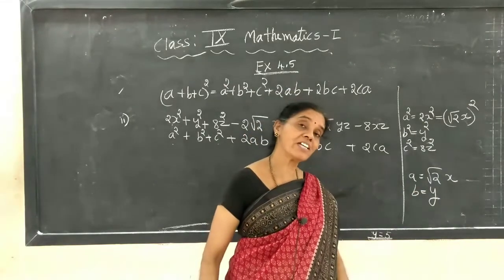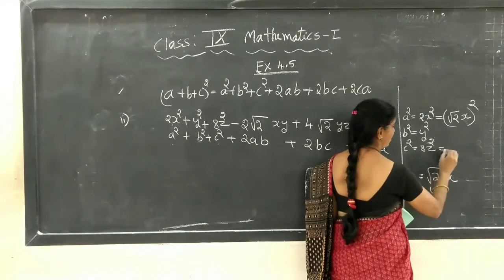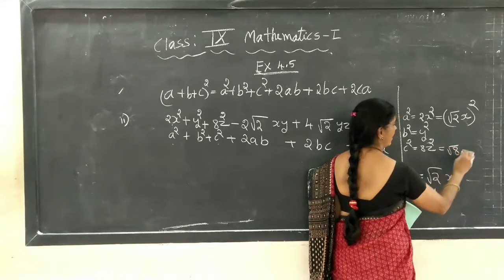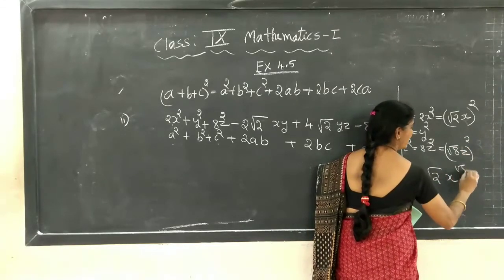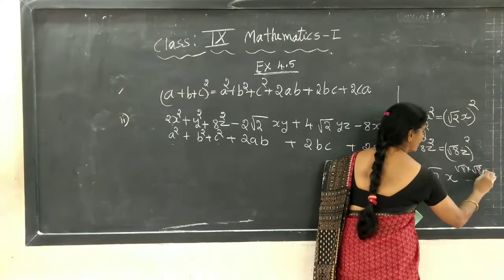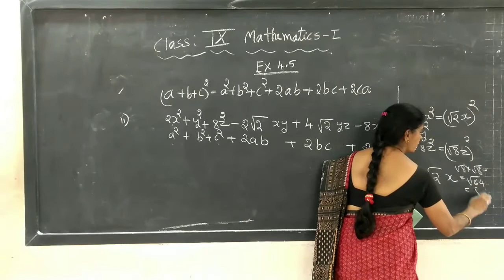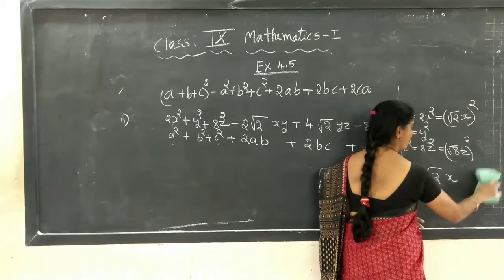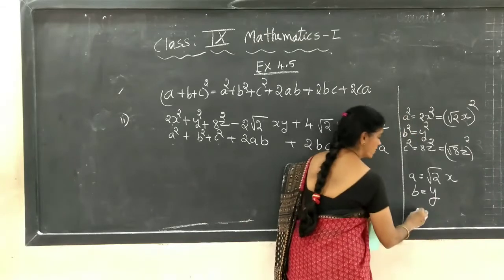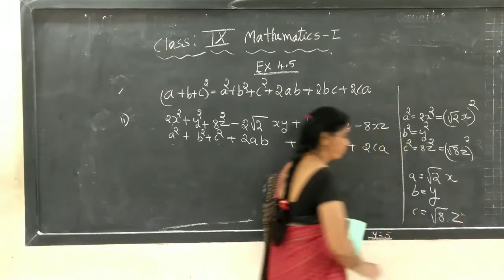When you do square root 8 into square root 8, you get 8. So, c is square root 8 z.